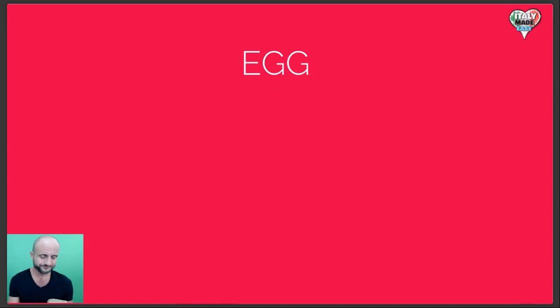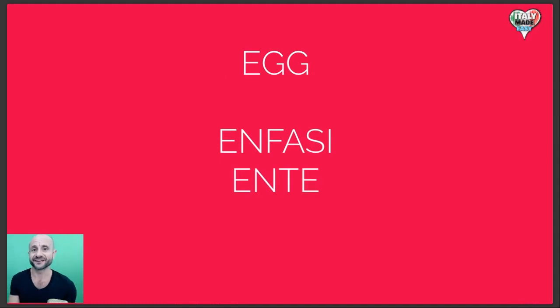I'll give you Italian words with e. Here's one. Enfasi, enfasi, which means emphasis, right? Ente, ente, which is an organization, or the one that you're probably going to use more is gente, gente.